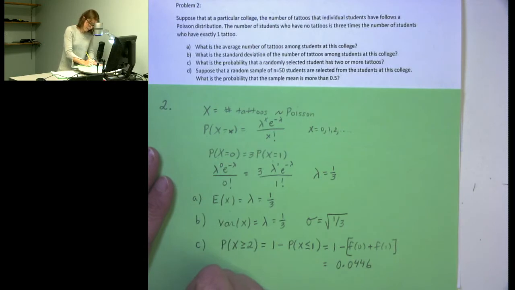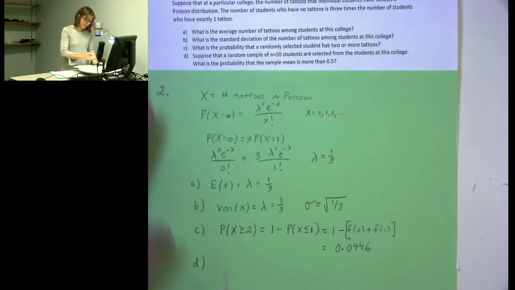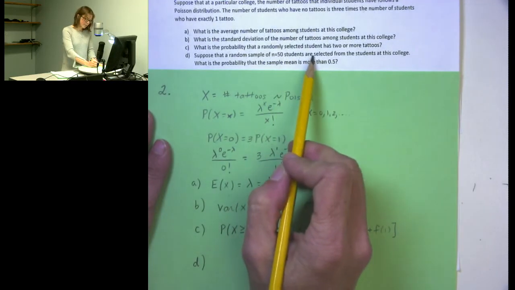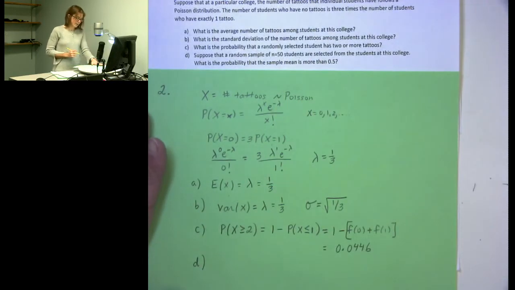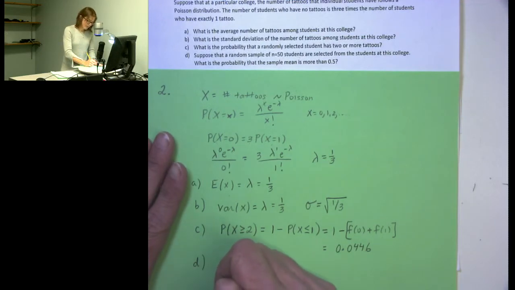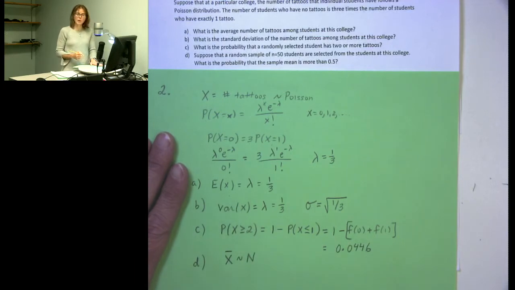And then for part D, our last part here, suppose that a random sample of n equals 50 students are selected from the students at this college. What is the probability that the sample mean is more than 1/2? So here we're going to use the central limit theorem, which tells us that the sample mean will have an approximately normal distribution, as long as the sample size isn't too small, and 50 is not too small.